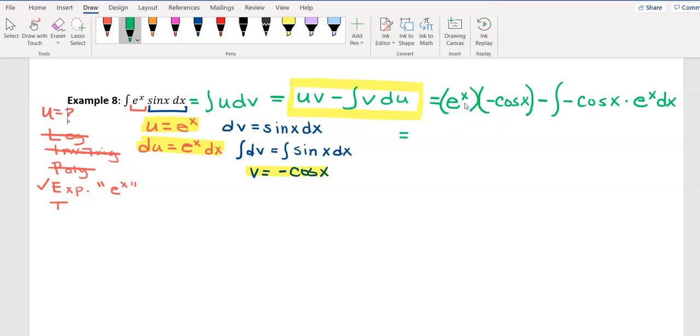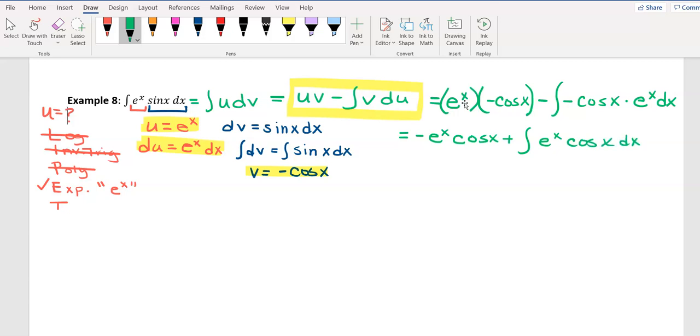So we're going to keep going anyway and simplify this first piece. So we'll put that e to the x forward with the negative. I'll bring this negative forward and make it a plus. And then maybe I'll move the e to the x forward too. So e to the x cosine of x dx.